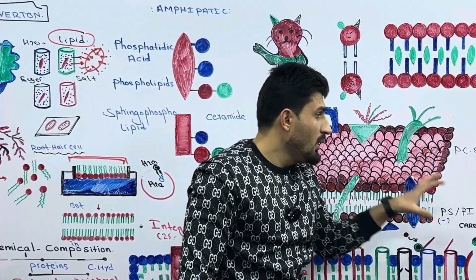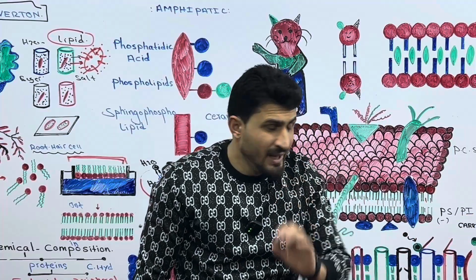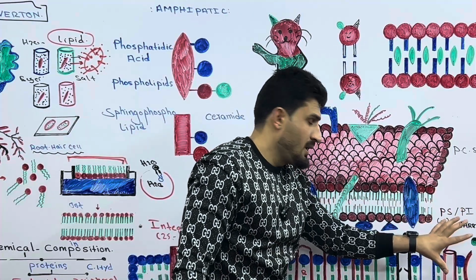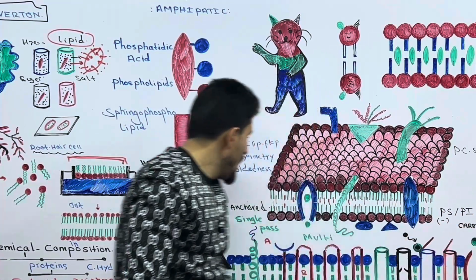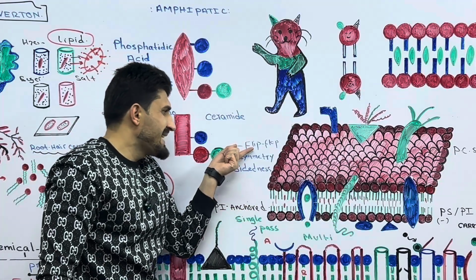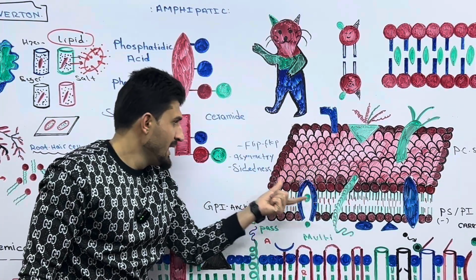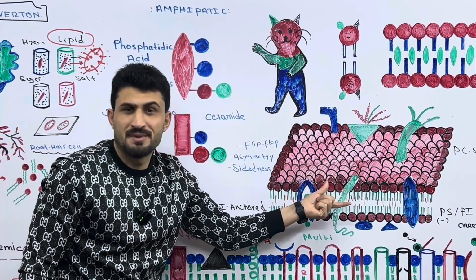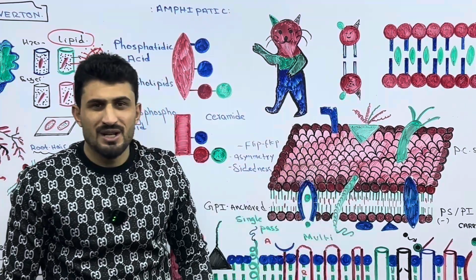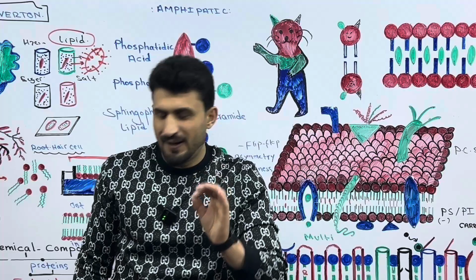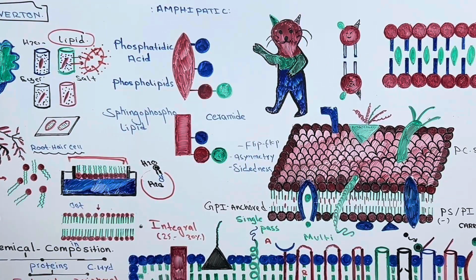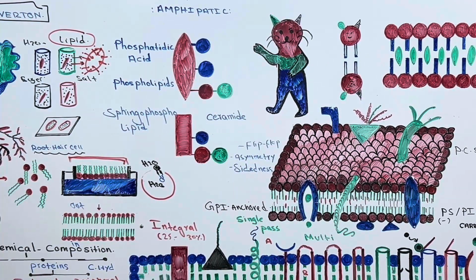We'll explain all parts one by one, and then at the end of this explanation, I'll explain some specific characteristics of the fluid mosaic model and its related terms. Then we'll talk about the function of a cell membrane. So let's dive into the fluid mosaic model.